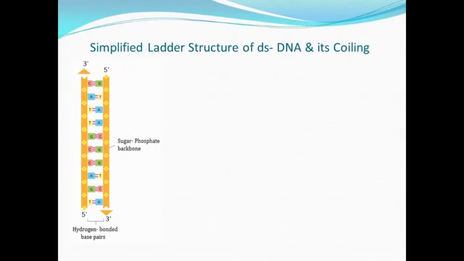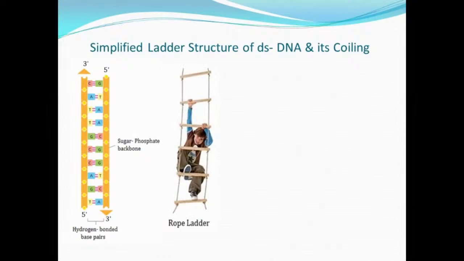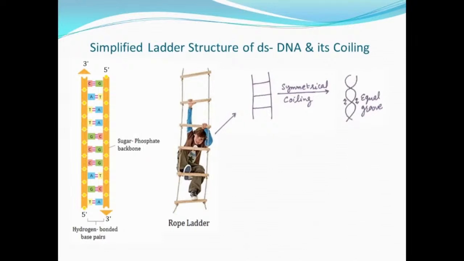Now we will compare this double-stranded DNA with a rope ladder. Visualize that you are holding a small rope ladder in your hands and twisting it clockwise or anti-clockwise. If the ladder remains straight during twisting, it will result in a symmetrical coil with equal sized grooves on its sides.